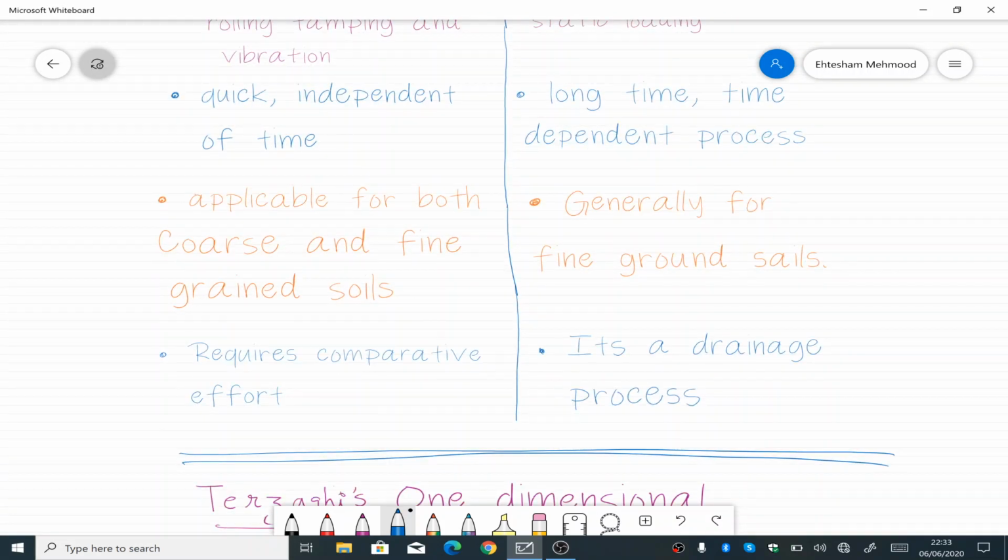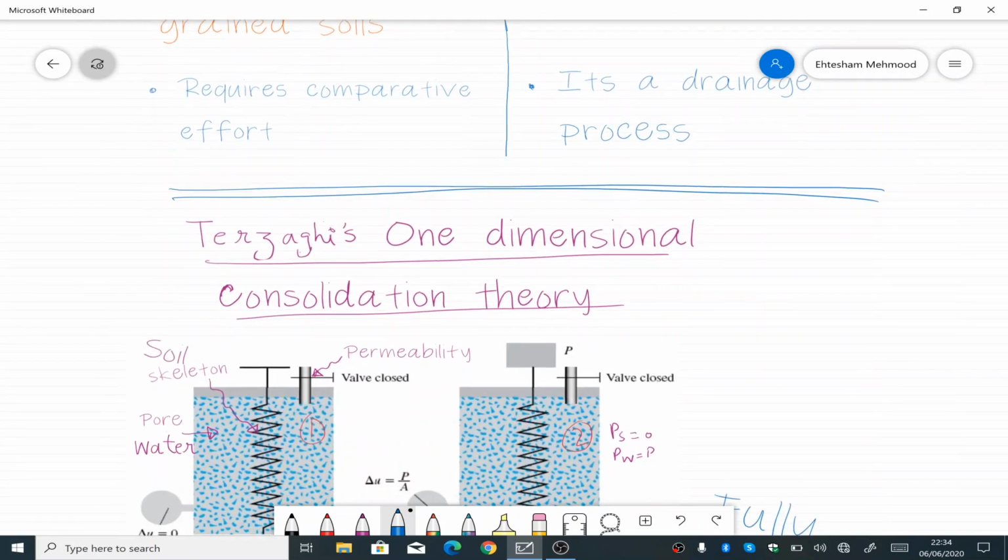Compaction is applicable for both coarse and fine grained soils, whereas consolidation occurs generally in fine grained saturated soils. In case of compaction, we require compactive effort, whereas consolidation is a drainage process.